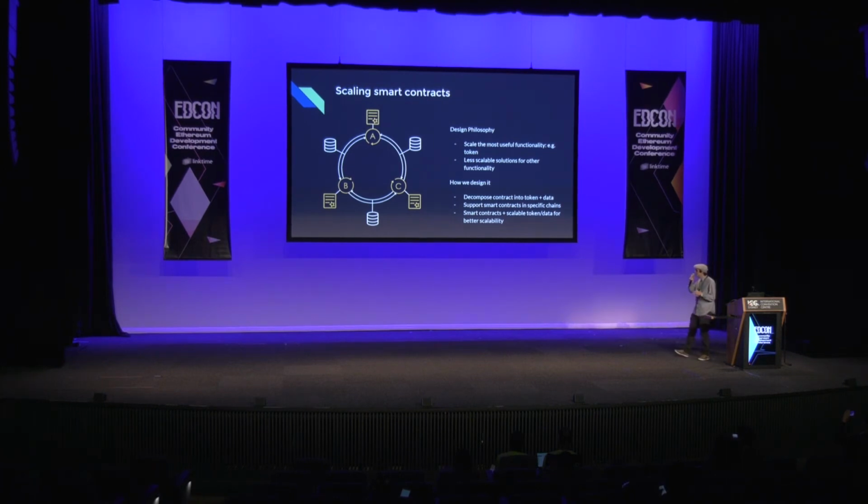So the way we designed that is we decompose the handling of smart contracts into a token protocol and a data protocol, and we support smart contracts in specific chains. Here, if you look on the graph, these chains A, B, and C, we call them the intra-group shared chain. And basically here we can keep a consistent state, so it's possible to run the smart contracts there.